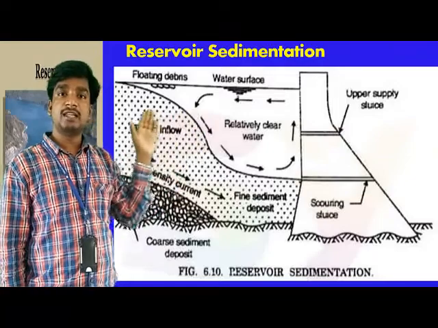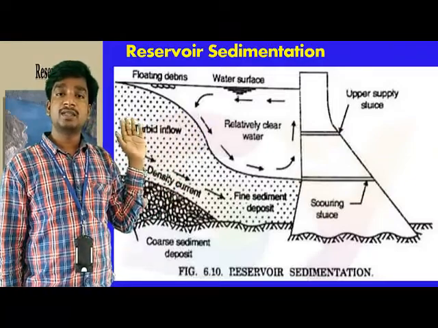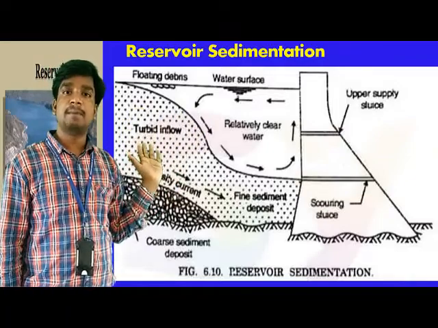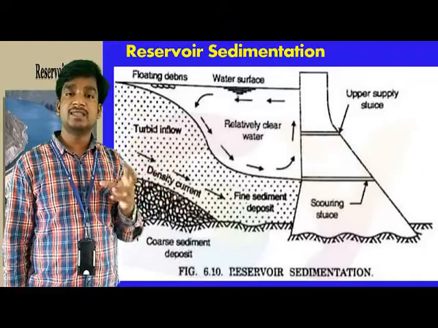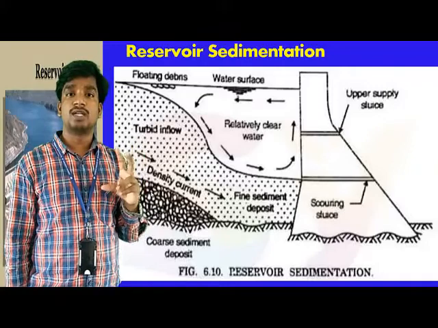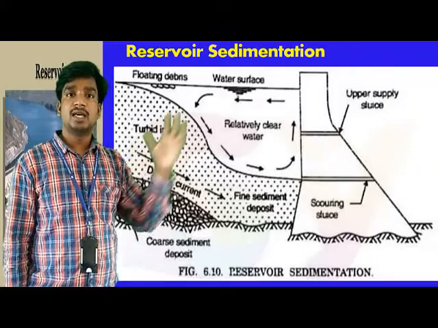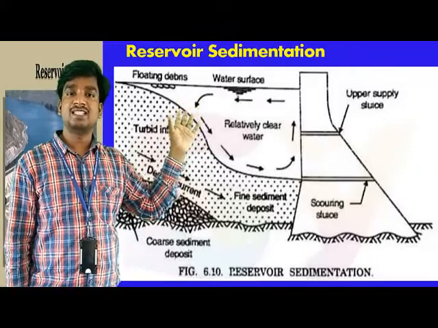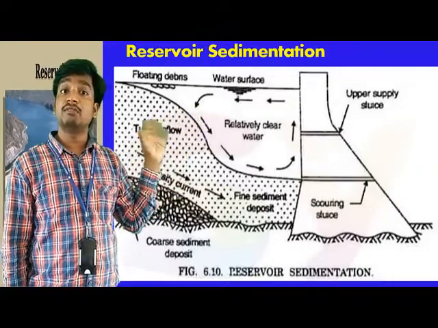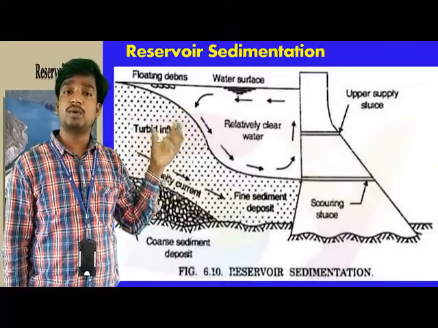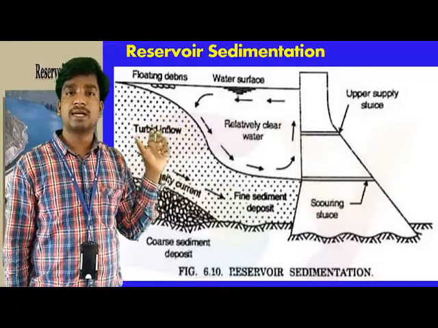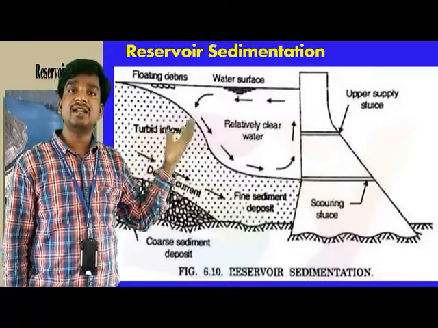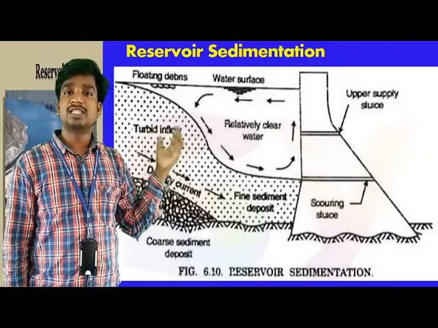And if you see at the longer side, away from the dam, the suspended particles as well as bed deposition is there. So in a dam we can see there are two types of water with different densities. Relatively clear water with one density, and relatively turbid water, which is carrying some amount of loads, suspended load with some floating particles. So it is having another density.